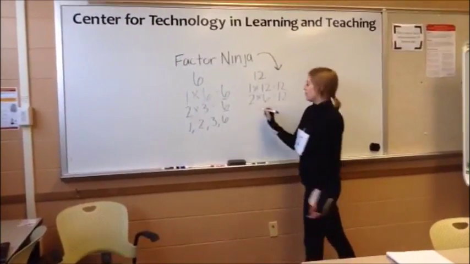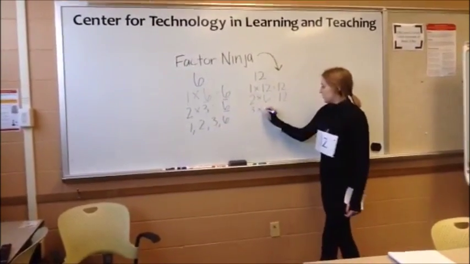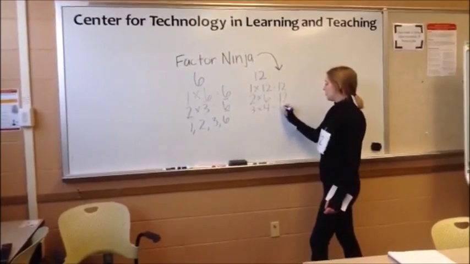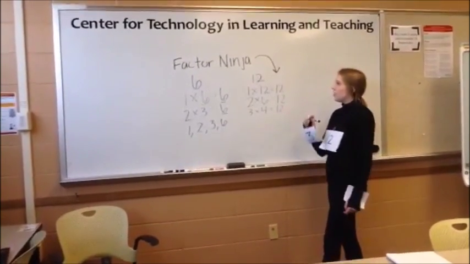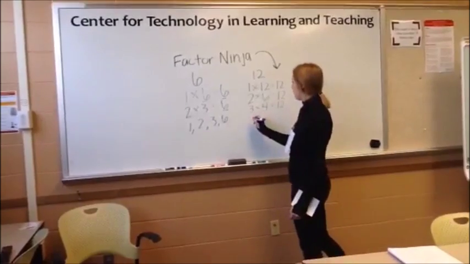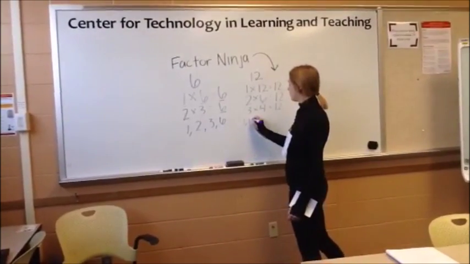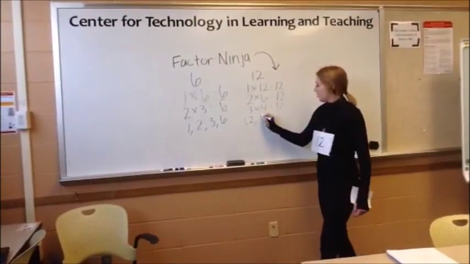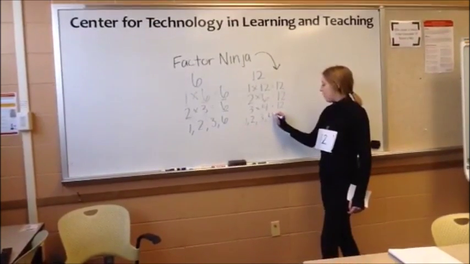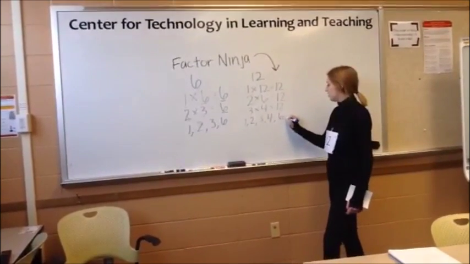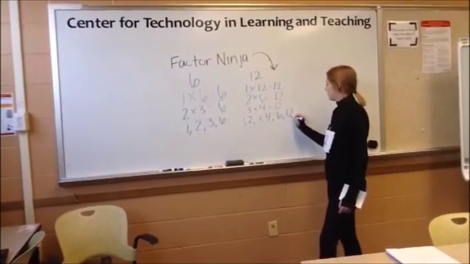And lastly, I know that 3 times 4 equals 12. So altogether, I know that my factors of 12 are 1, 2, 3, 4, 6, and 12.